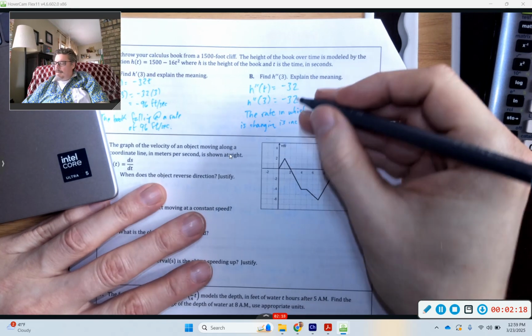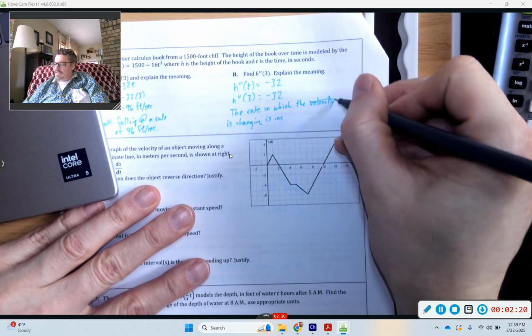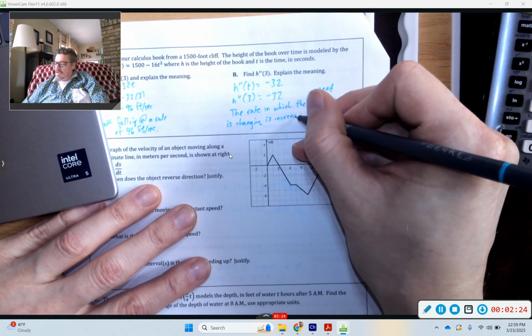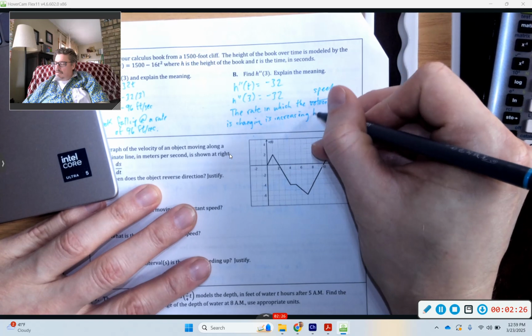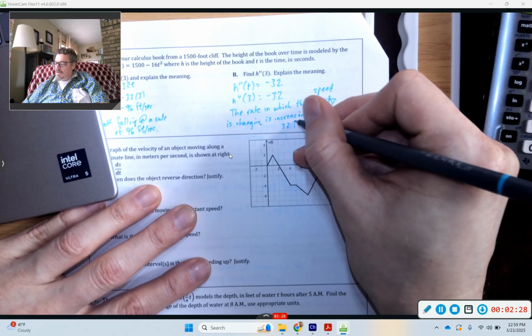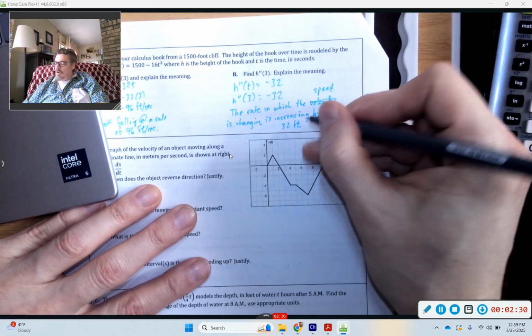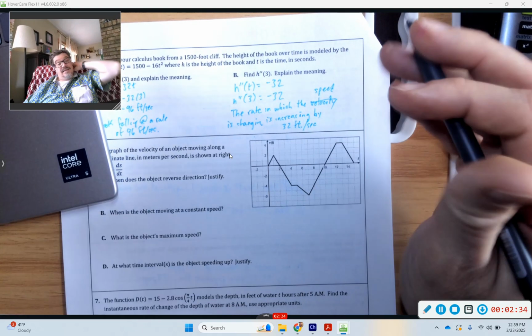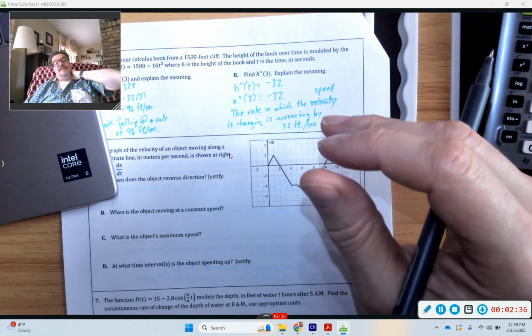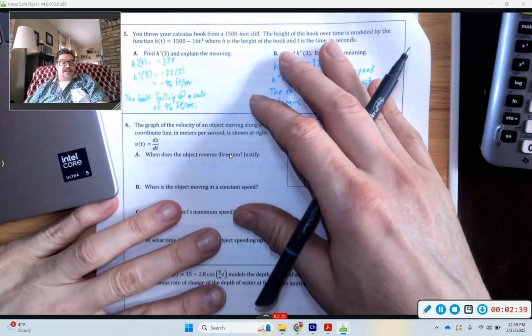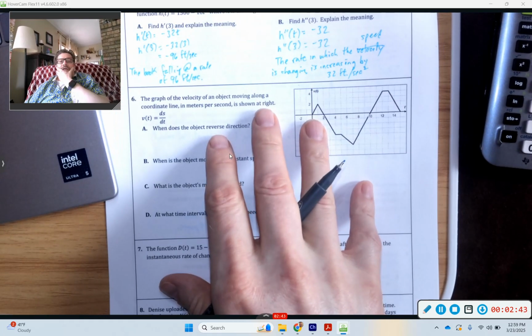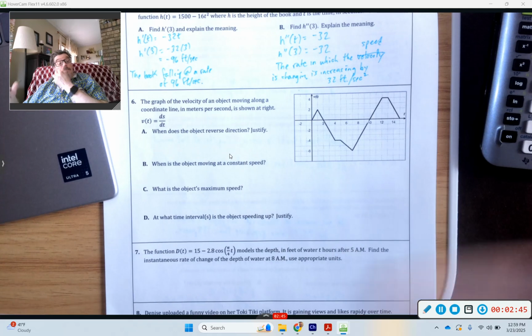So not the velocity, we'll say the speed is increasing by 32 feet per second. So yeah, that's the acceleration of gravity, negative 32 feet per second squared, right? So 32 feet per second per second.